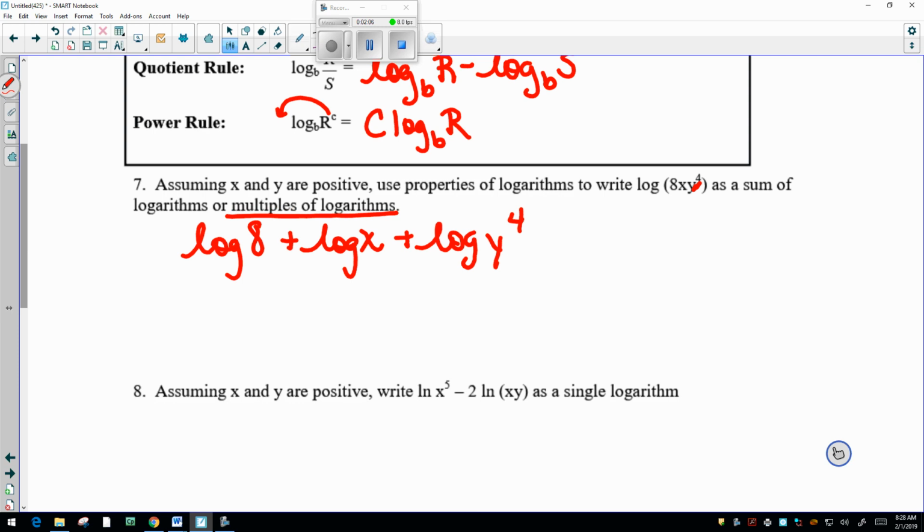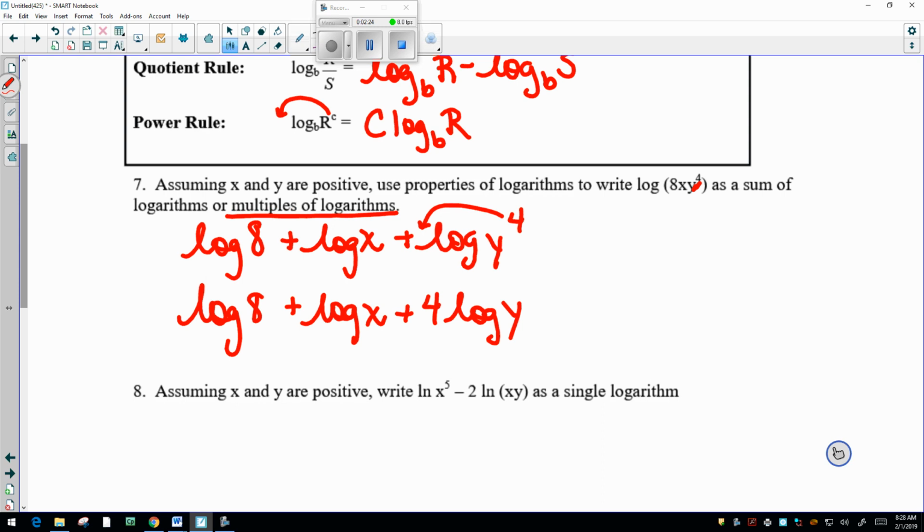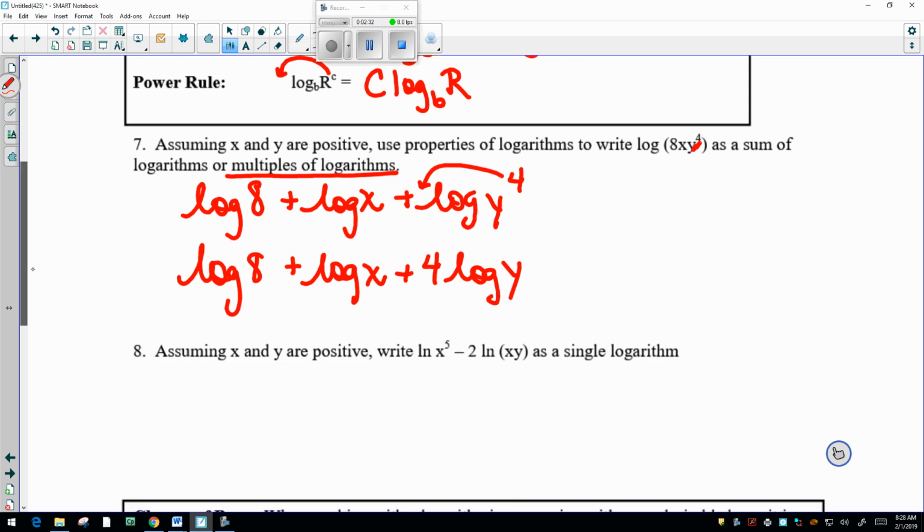Now we can do one further step here because we do have that exponent, and it was only to the y, so the 4 can come down in front. So we have log of 8 plus log of x plus 4 log y. And now we've expanded. And now again, I can see multiple logs. Okay, different from this next example where it says single logs.